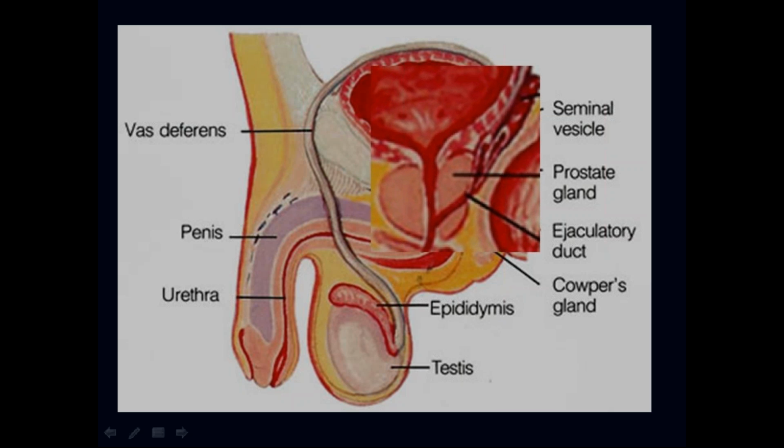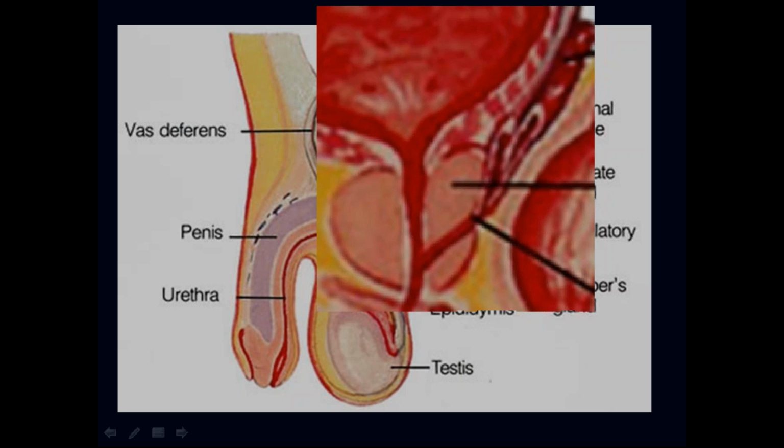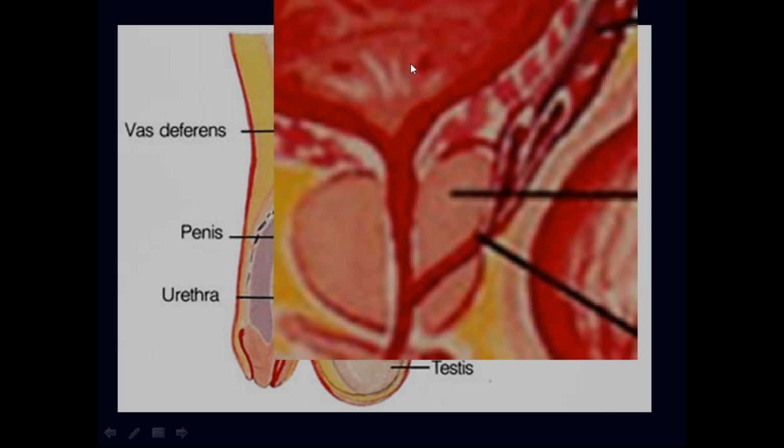That is what we are going to see now. Here we have the urinary bladder, and this structure is the prostate. Here we have the urethra. When it passes through the prostate, it's called the prostatic urethra.